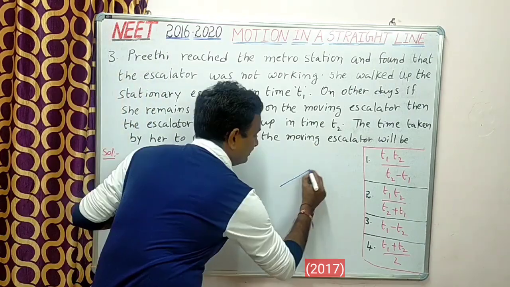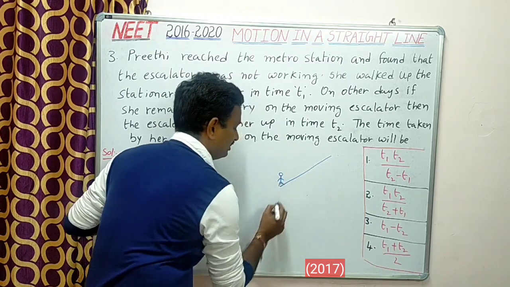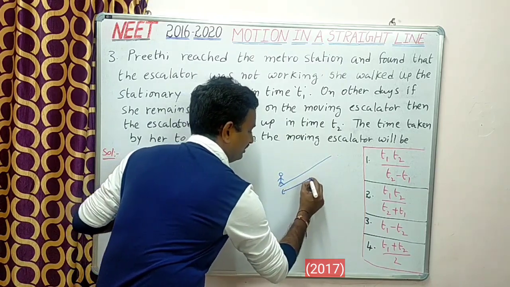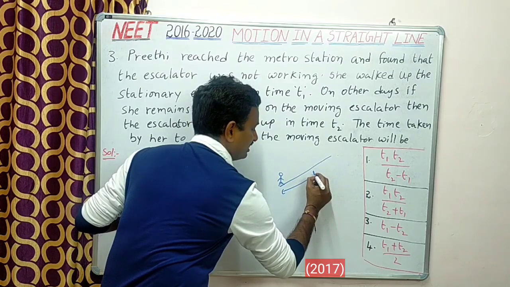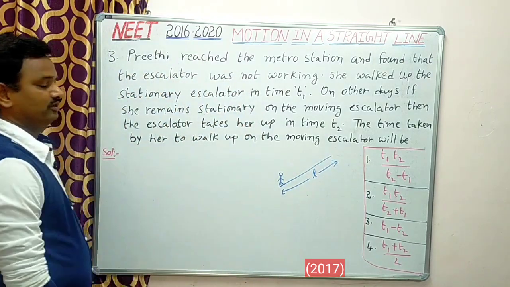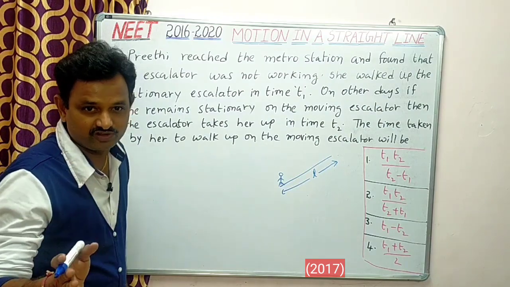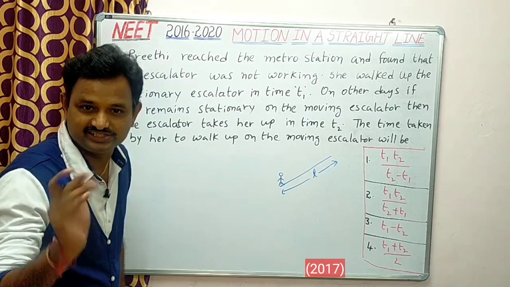Look at here. It is an escalator. Preeti is moving on the escalator. See, the distance covered by the escalator, I will consider as L. Okay. So in the first case, the escalator is not working. That means the escalator is stationary.